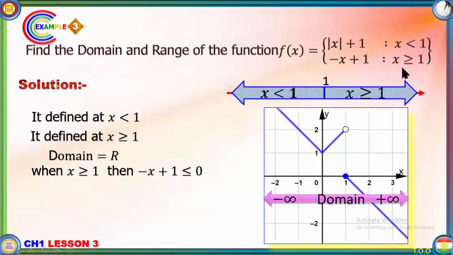And if we take 2, minus 2 plus 1 is minus 1, and minus 1 is less than 0. So whatever the value of x bigger than or equal to 1, the value of minus x plus 1 is less than or equal to 0.